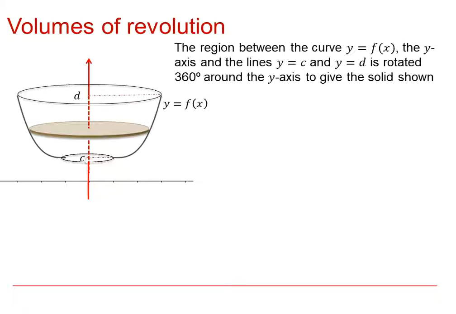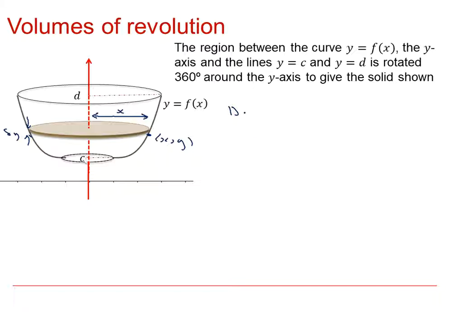So again we consider a thin disk. If we annotate the diagram and think of a point on our curve which is x, y, the radius of this disk is x, and the thickness of this thin disk would be delta y.